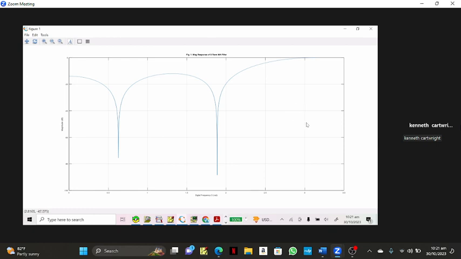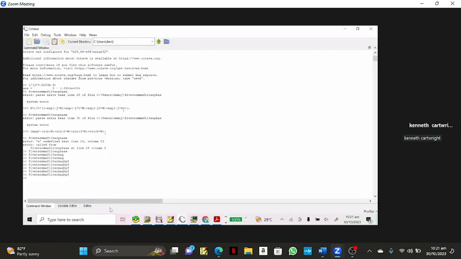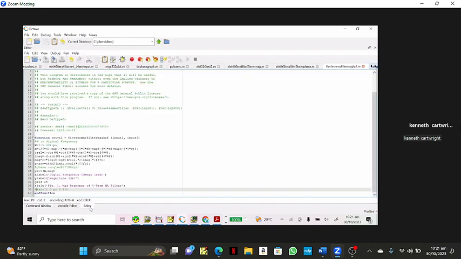Okay. There's something else I can do. Instead of plotting versus digital frequency, I convert that digital frequency to analog frequency. How do I do that? How do I convert those digital frequencies to analog frequencies?